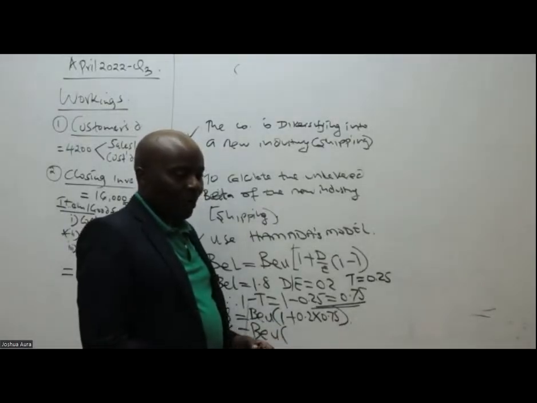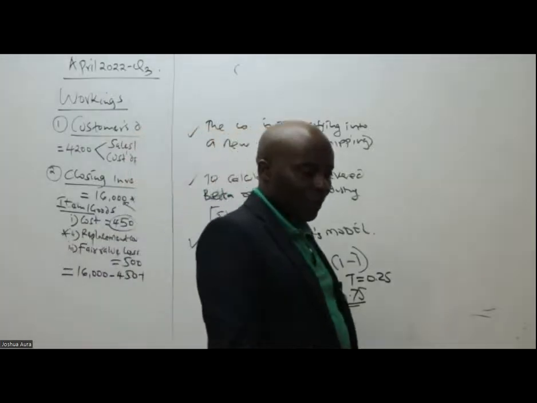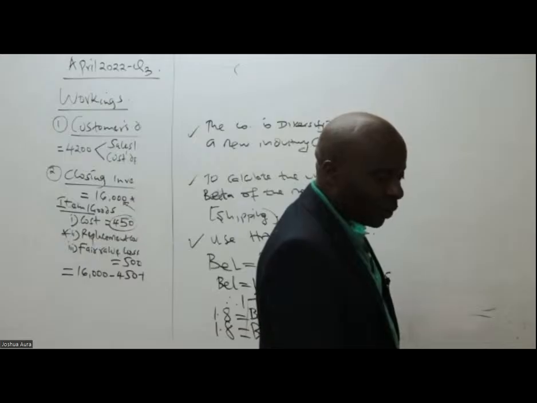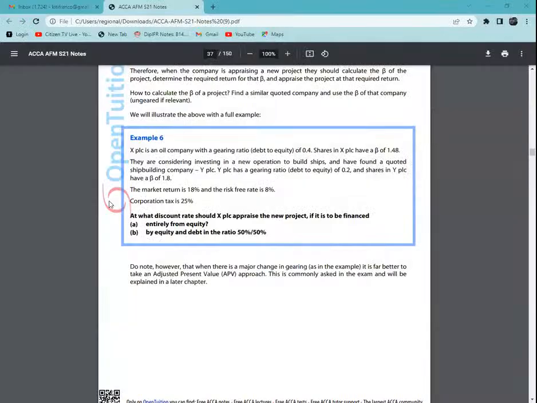First of all, we are answering this question before we go to April 2022. Question number 1. I would want you guys to have a very strong grounding of this Hamada's model. I don't want us to take any chances. And before I forget, because of my schedule, I would want to take this opportunity to send you this book right away.